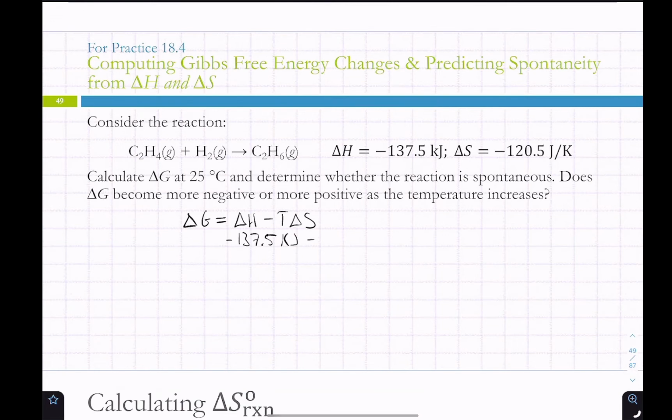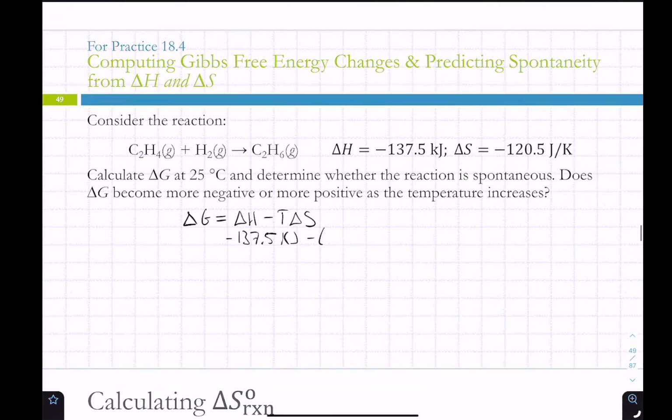So negative 137.5 kilojoules minus the temperature in Kelvin. So 273.15 plus 25, so 298.15 Kelvin, times a negative 120.5. Oops. I'm sorry, I literally just said this.